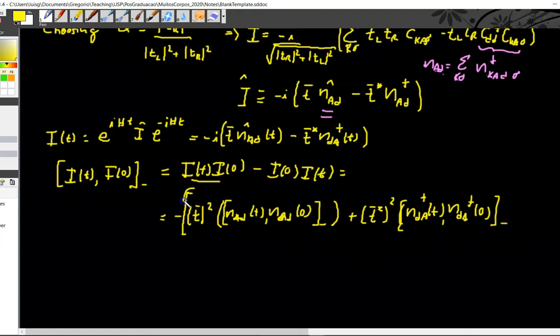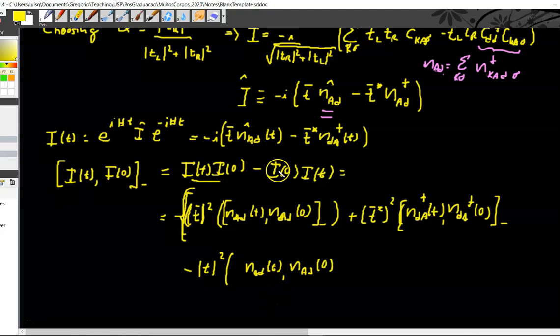All right, so yeah, let me put a key here because I have the commutators here. Minus then this T squared. And now this is absolute, this is just square. This is absolute value squared of what? I have n a d at T times, there's the minus, there's going to be a n a d at 0.